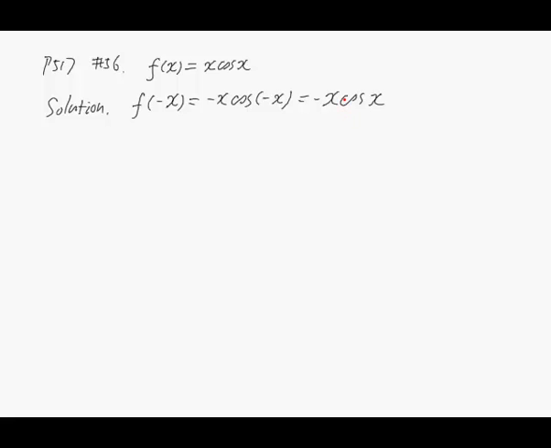And this is just equal to negative f of x, right? So that means f of negative x equals negative f of x. And this implies f of x is an odd function. All right? Okay.